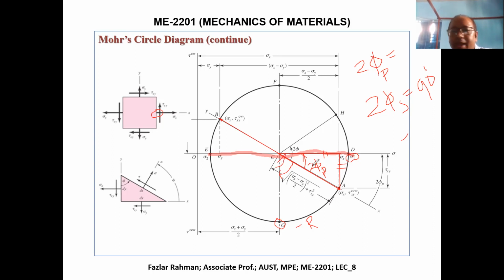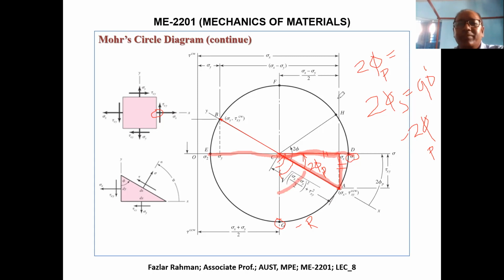So if you got 2 phi p, you just say 90 minus 2 phi p is the 2 phi s. Because this value, you use this triangle. With this triangle, you figure out the 2 phi p. And this is your shear angle. So you say 90 minus 2 phi p equal to shear angle. Okay?